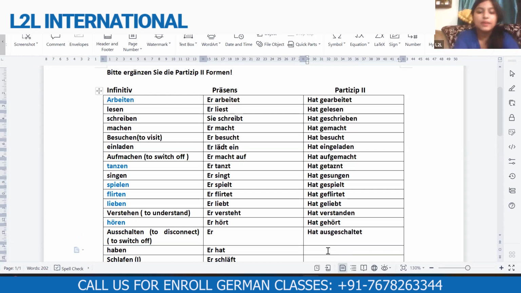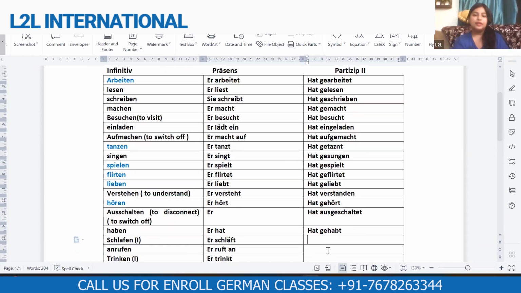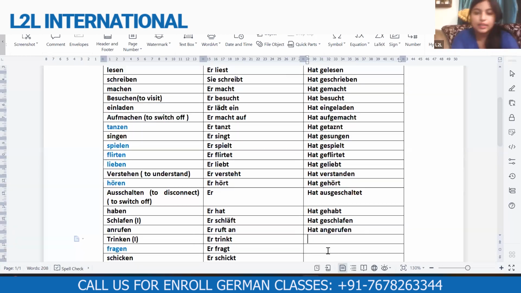Haben. Haben is hat gehabt. It's something we don't use much, but still. Schlafen is hat geschlafen. Then we have rufen, anrufen. So hat angerufen. Then we have trinken.